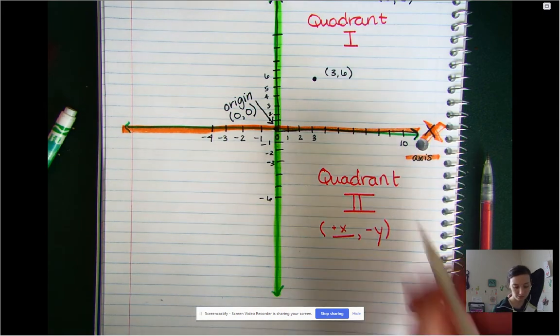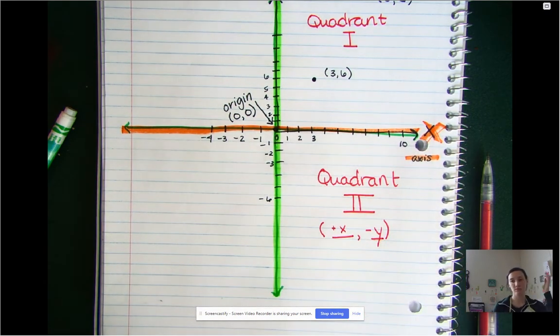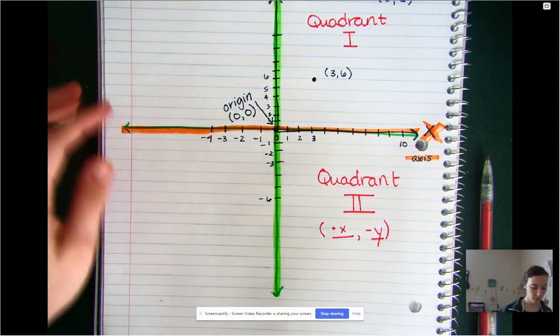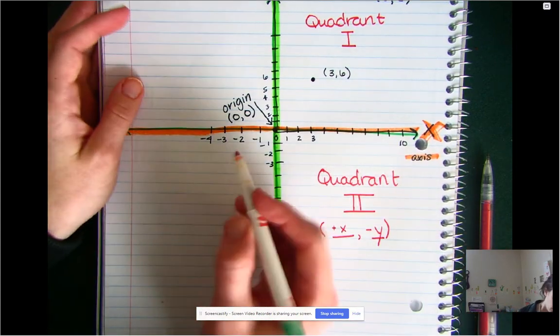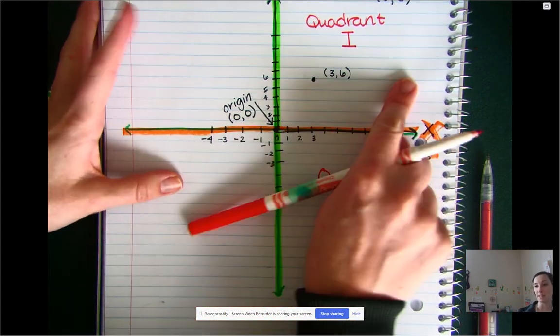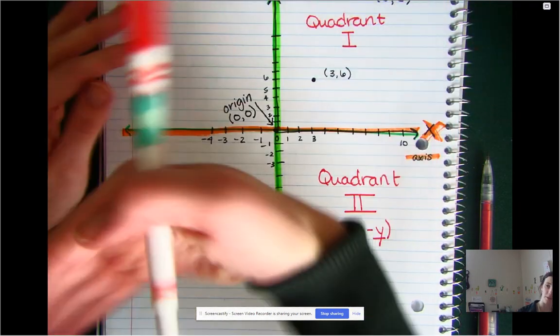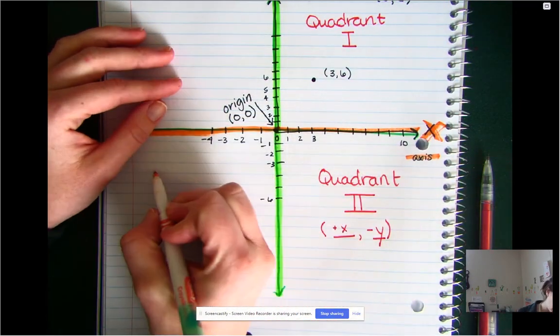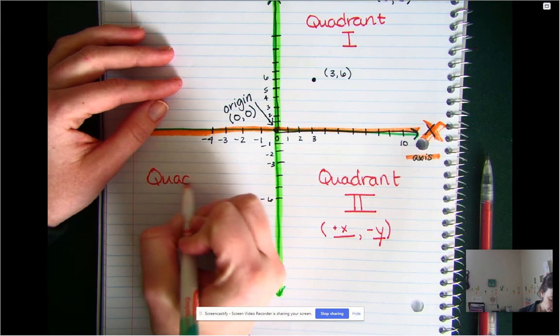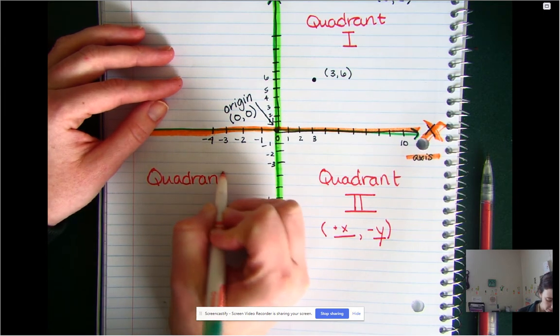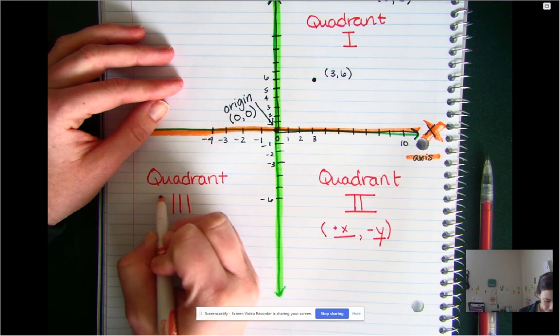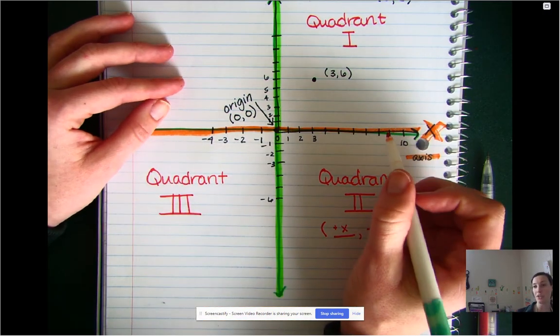And if this is starting to feel like, oh my gosh, Miss Buck, it's fine. Just don't panic. Over here, this is kind of the exact opposite of quadrant 1. It's opposite in the sense that it's on the perfect other side of it, but it's also the opposite because in quadrant 3, the numbers are all negative.